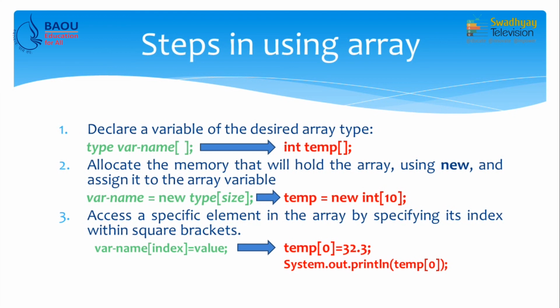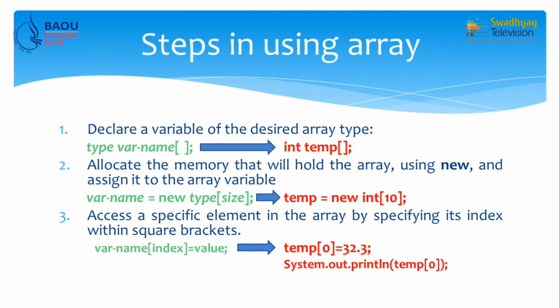Now, look at the example. Here we write temp is equal to new int and in brackets we write 10. So, now 10 integer values are actually reserved for temp and you can store 10 values inside temp.